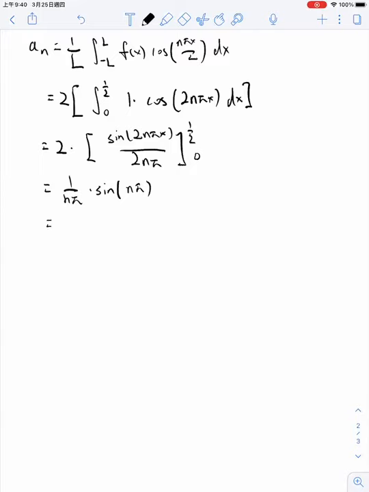And sine n pi, because n is a positive integer, is equal to 0. So all coefficients an are equal to 0, except a naught.